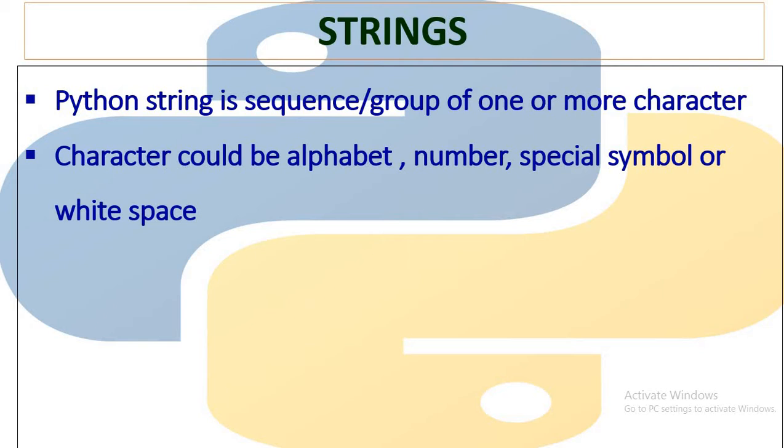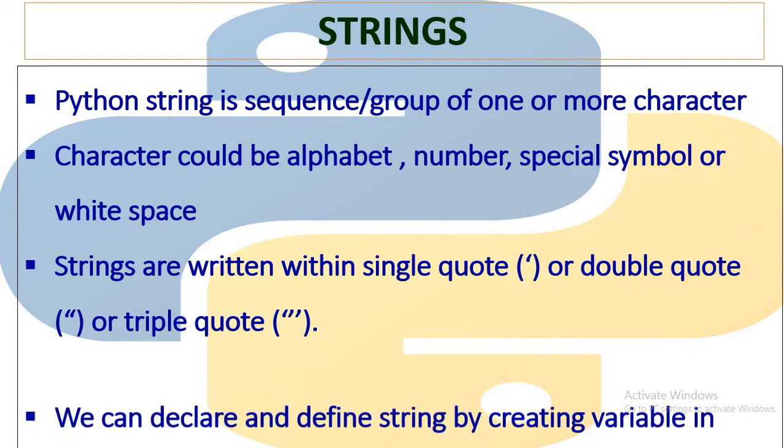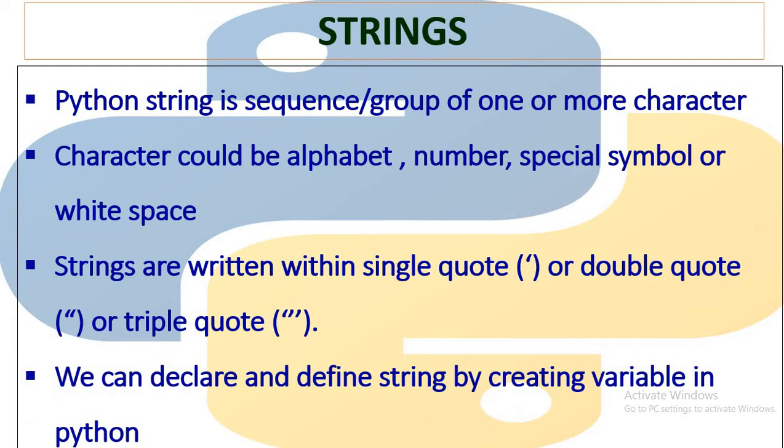Python treats a string as a continuous series of characters delimited by single quotes, double quotes or triple quotes. Means we can write a string using any of these three symbols. In Python, we can declare and define a string by creating a variable.